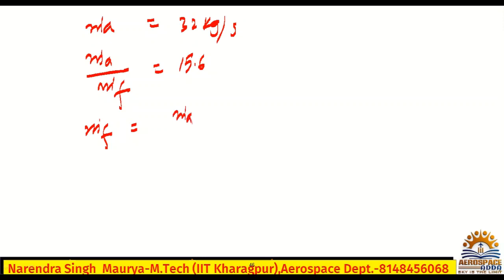Because once you write the energy equation across the combustor, you have to use the mass flow rate of the fuel. It is 32 divided by 15.6, which is 2.051 kg per second. So all the data you have. All right, the heating value they have given.